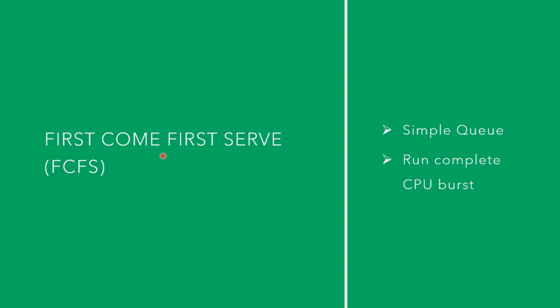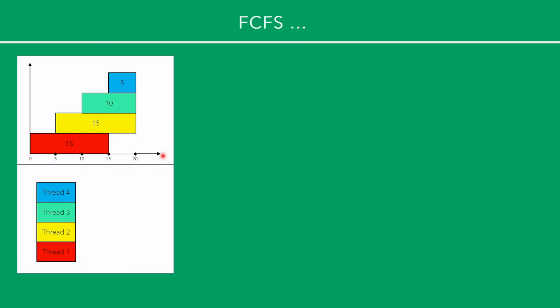Let's look at an example of how this scheduler works. Assume there are four threads that have been sent to the scheduler. For clarity's sake, let's forget about the I/O burst. We have just considered the CPU burst.